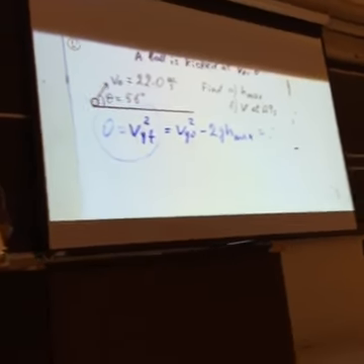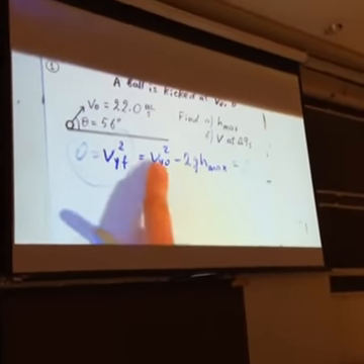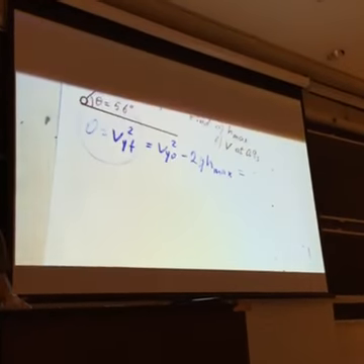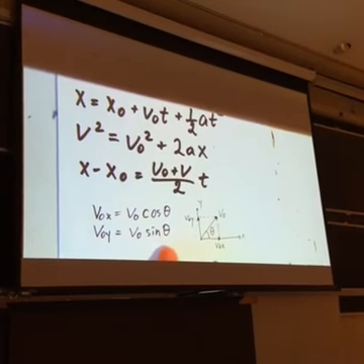And then I am given the total initial velocity. Here I have the y component of velocity. I know that the y component of velocity is v0 sine theta.